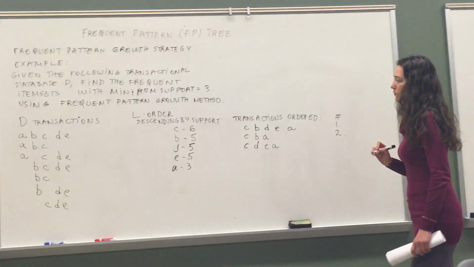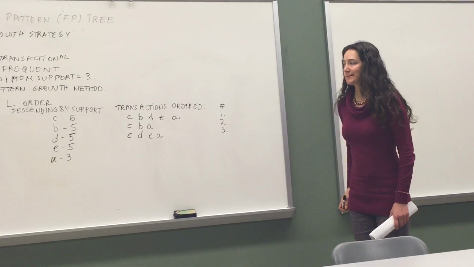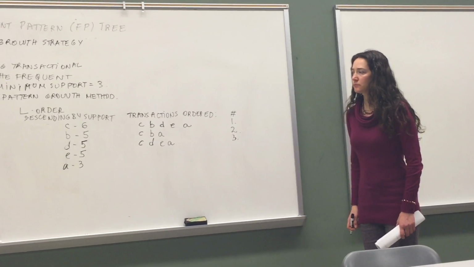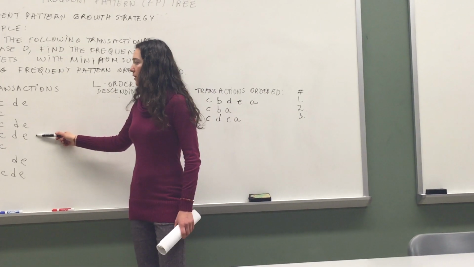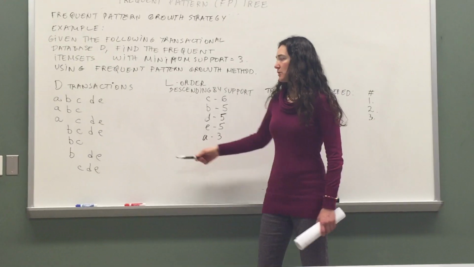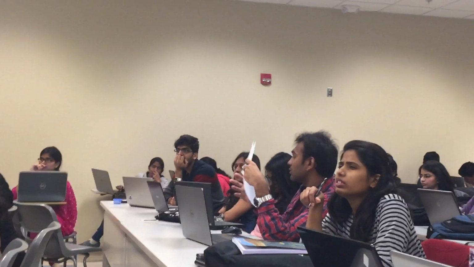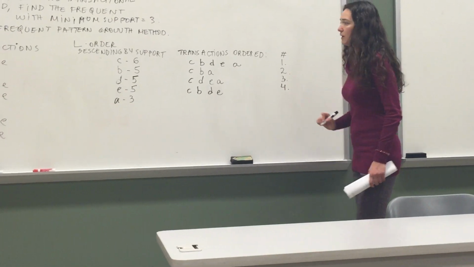Next transaction will be what? Look over here. We are reordering these items according to this order. So these will become C, B, D, E. That's transaction number 4.